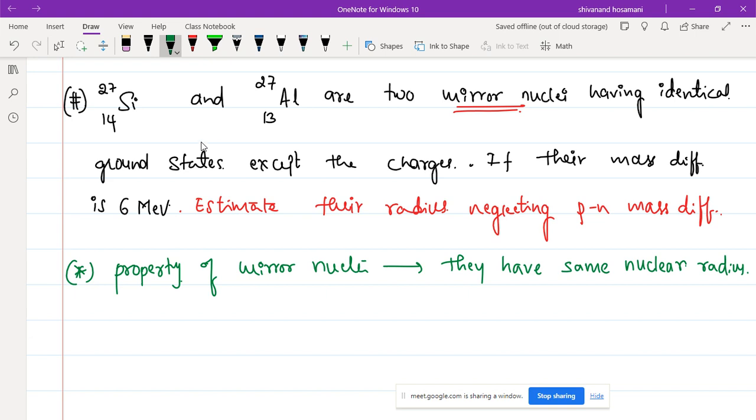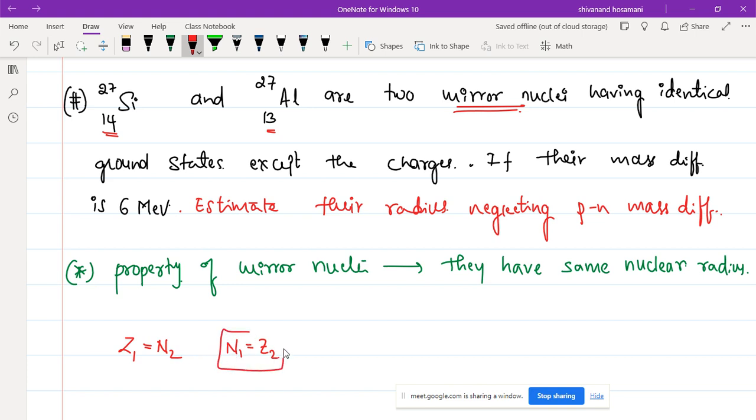See, already I have given that in terms of mirror nuclei. Z1 is greater than Z2. So here let me take Z1 as 14, then Z2 is 13. So first let us define this here. Z1 equals N2, and N1 is equal to Z2.